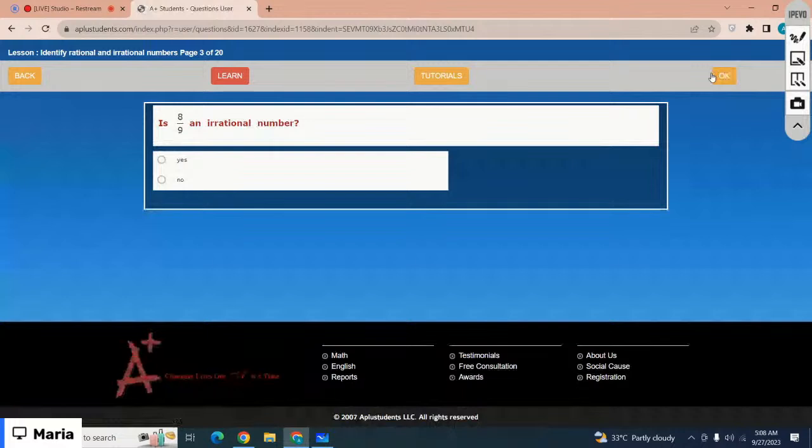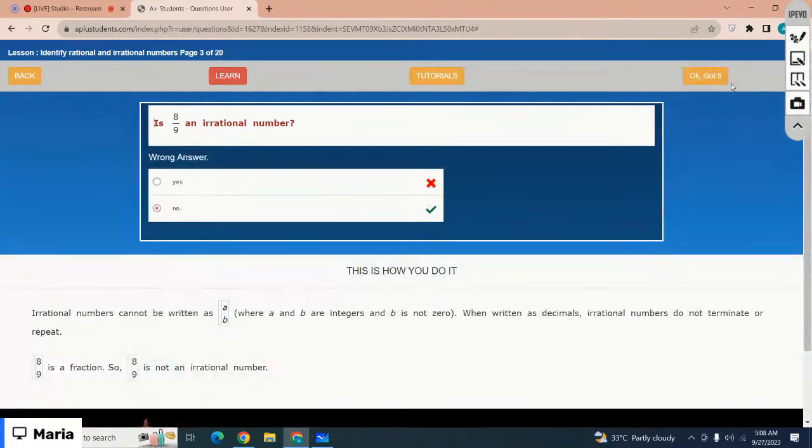Okay, the next one: is 8 by 9 a rational number? The correct option is yes. It is already written in the form a by b, so yes, it is a rational number. The question is: is 8 by 9 irrational? No, it is not an irrational number. That is a rational number.